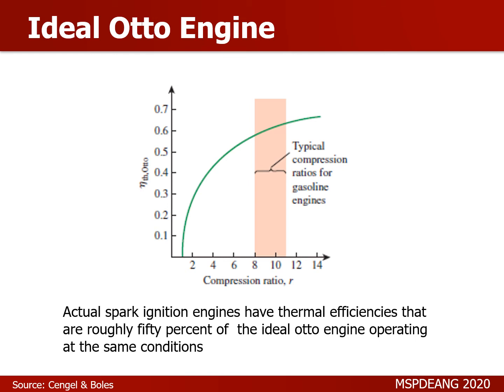Actual spark ignition engines typically have thermal efficiencies that are roughly 50% of the ideal Otto engine operating under the same conditions. So we calculated 56% thermal efficiency earlier, but in actuality it is around the high 20s or high 30s percent.